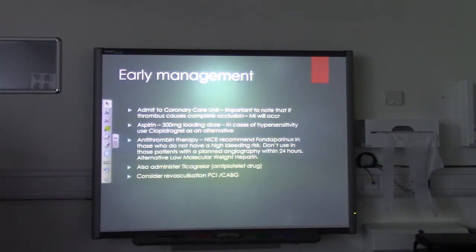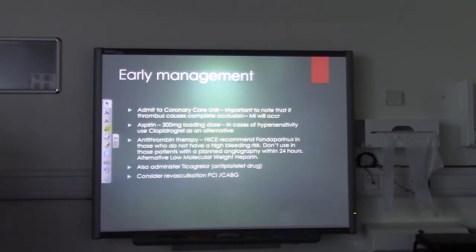Early management of unstable angina, so you've got a patient experiencing chest pain at rest, they are admitted to coronary care unit. It's important to know that if the thrombus causes complete occlusion, this will then be escalated to a myocardial infarction.